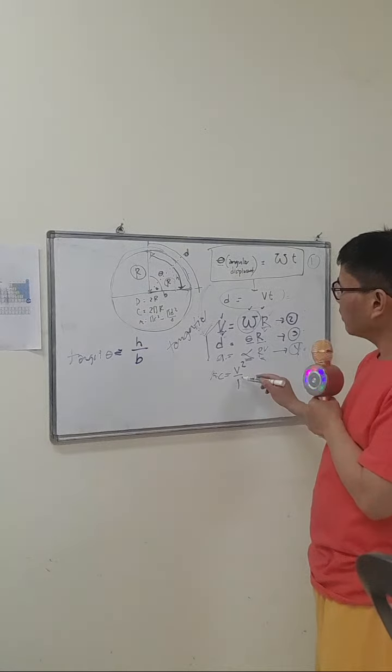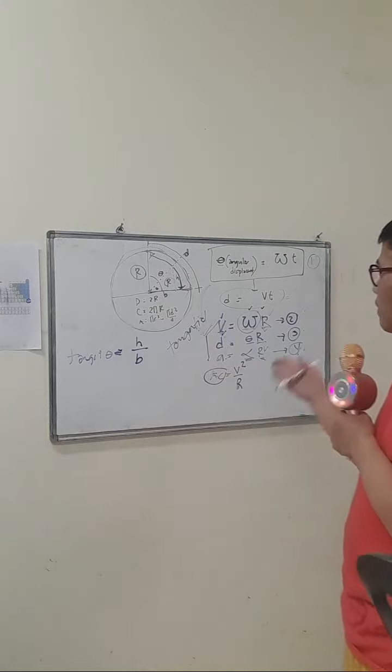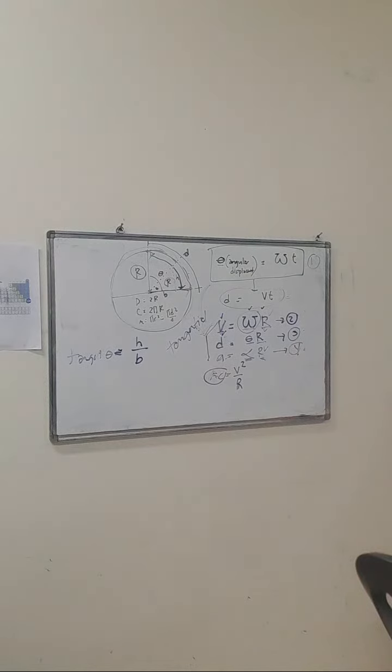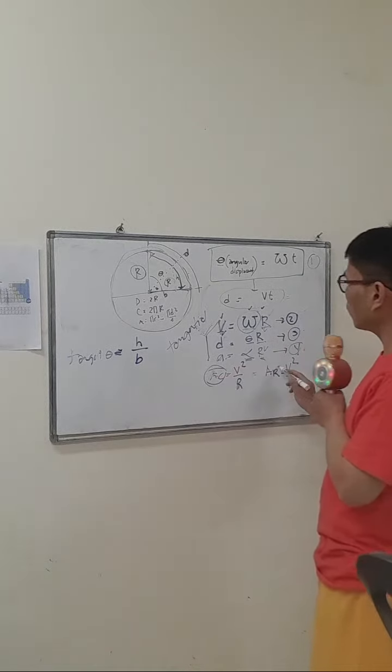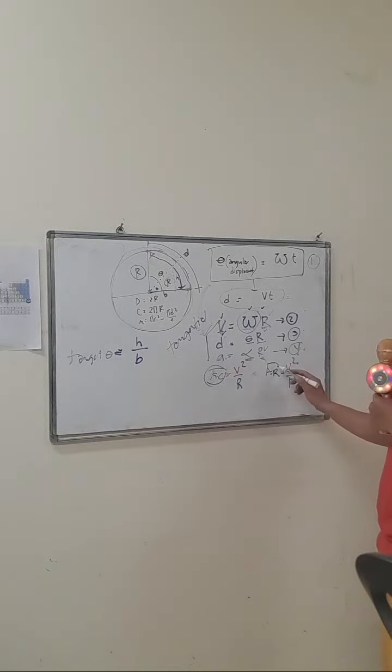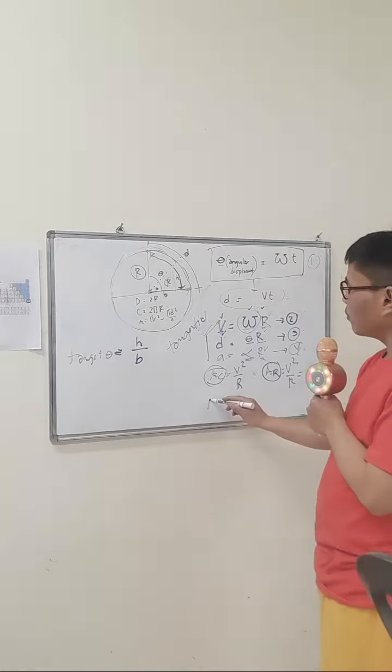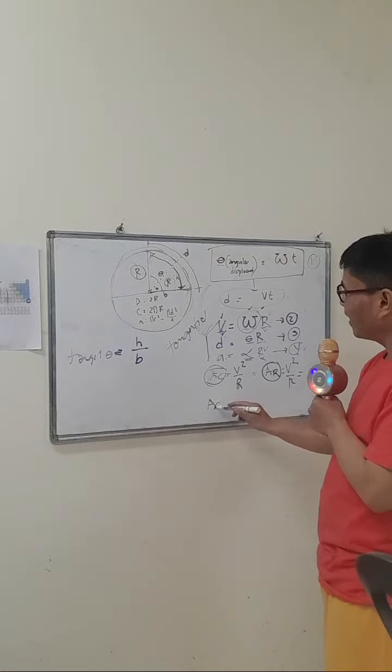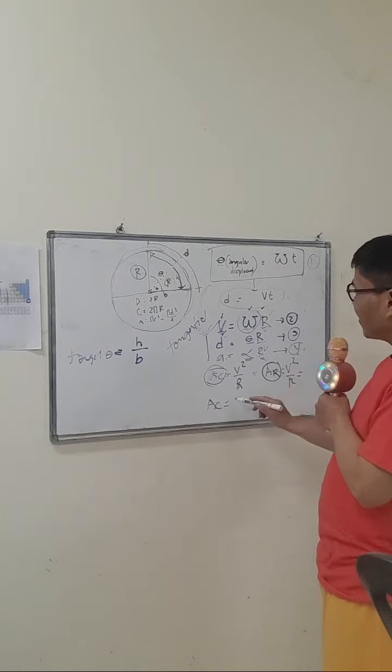In terms of the radius, it will now become radial acceleration, so it's going to be a_r equals v squared over r. Meaning to say, centripetal acceleration is just equal to the radial acceleration.